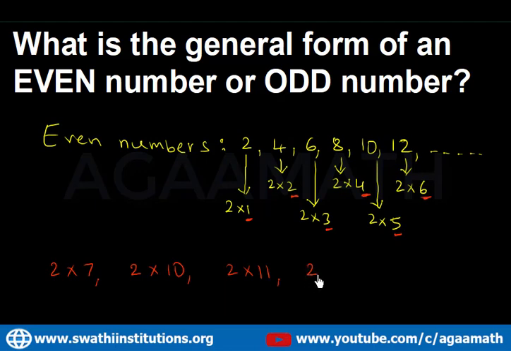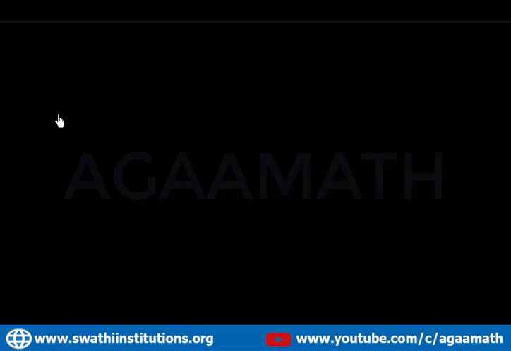Similarly, if I write 2 times p, it is also an even number, because it's a multiple of 2. Or 2 times k is also an even number. Or 2 times m, which is nothing but 2m, or 2 times a, which is nothing but 2a, is also an even number.